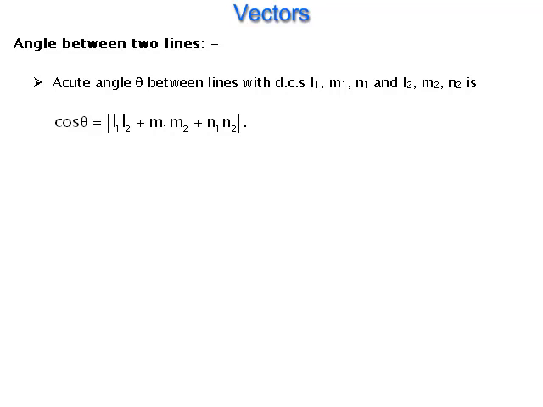The acute angle θ between the two lines with direction cosines l1, m1, n1 and l2, m2, n2 is given by cos θ equals mod of (l1 l2 + m1 m2 + n1 n2).